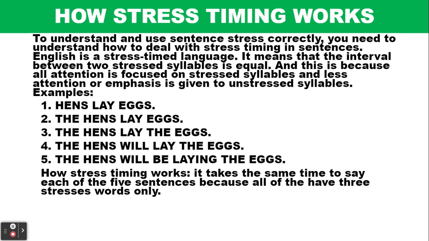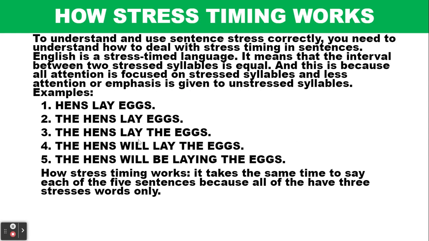Okay? For instance, hens lay eggs, the hens lay eggs, the hens lay the eggs, the hens will lay the eggs, the hens will be laying the eggs. So you can see when we use the rhythm and we make each sentence correspond to the rhythm, then of course we have achieved stress timing.